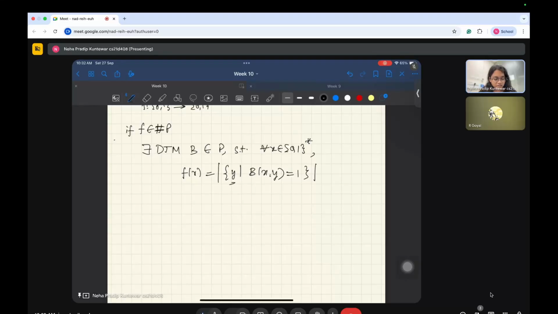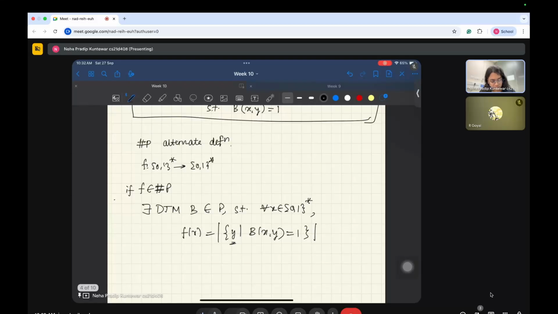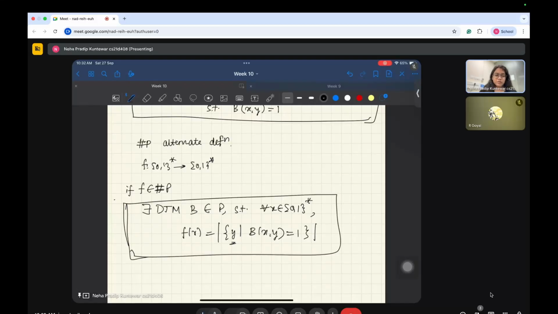And also y is polynomially bounded, though I'm not writing it. So these are the equivalent definitions of sharp P, and sometimes one is more useful than the other.